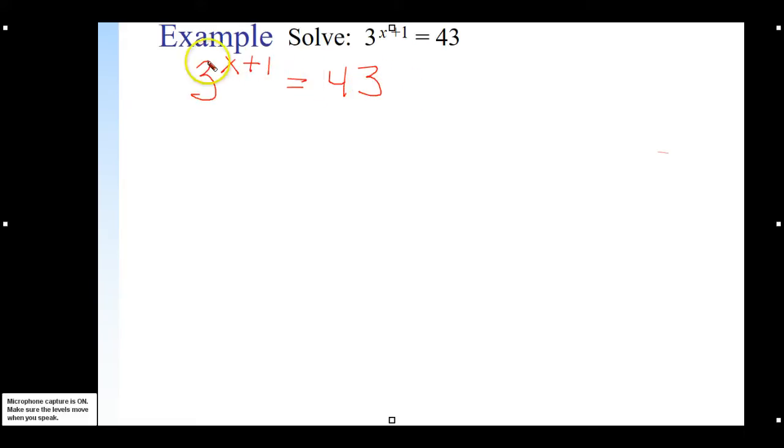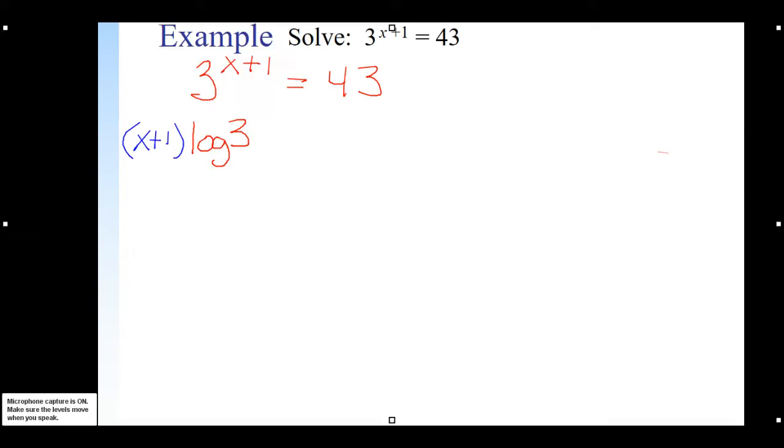Now, we need to convert this into its logarithmic form. So we're going to put log base 10, that I'm not going to write, of 3. Now what do I do with this exponent? I put this exponent in front as x plus 1.